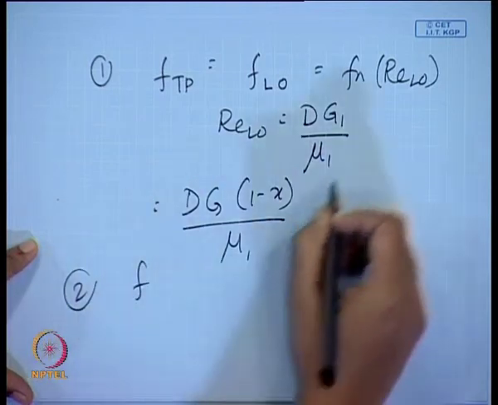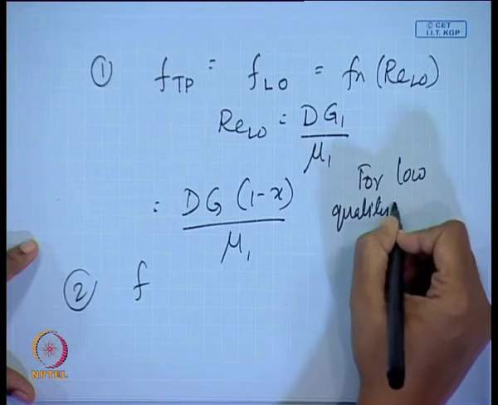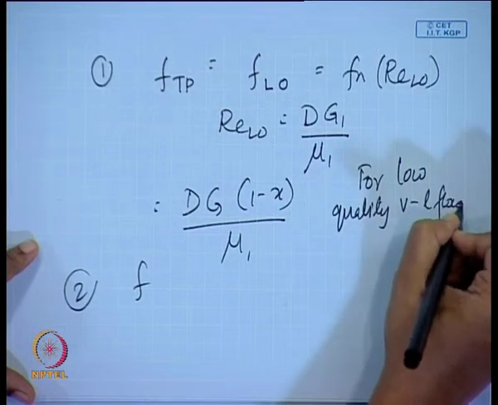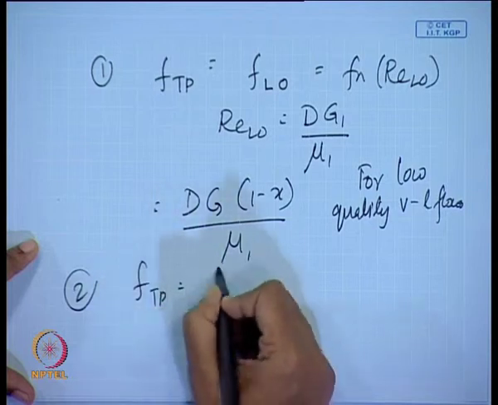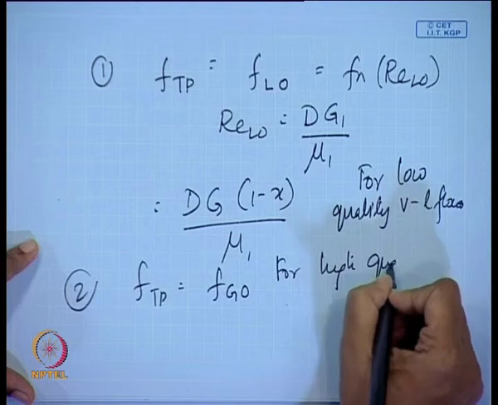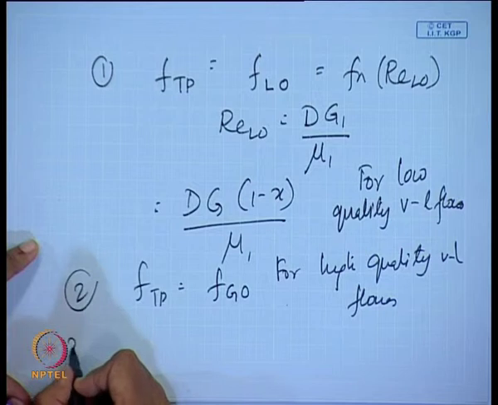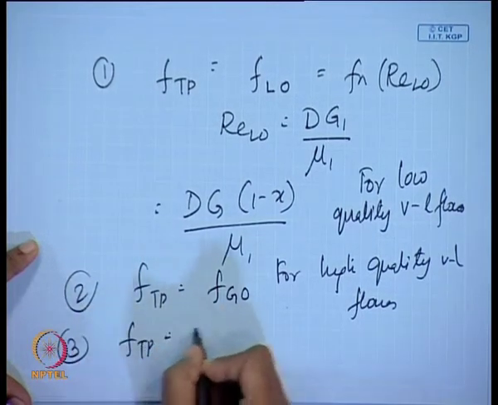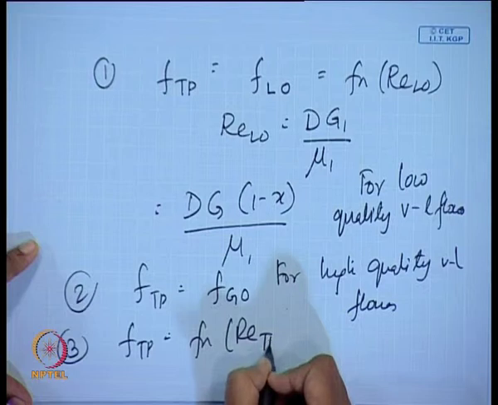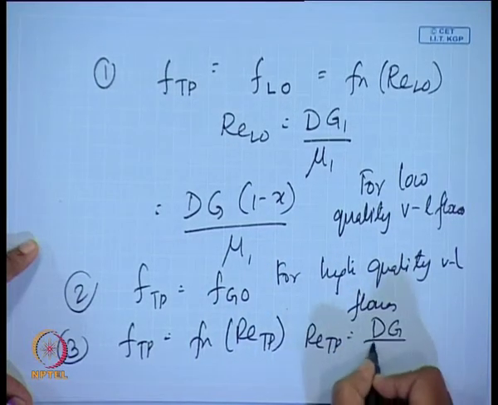So, therefore, the problem is with the third definition. There are three definitions. One is this, for low quality vapor liquid flows. Then we can also assume this is equal to this for high quality vapor liquid flows, and the third is FTP is a function of Reynolds number, where Reynolds number is d G by mu TP.